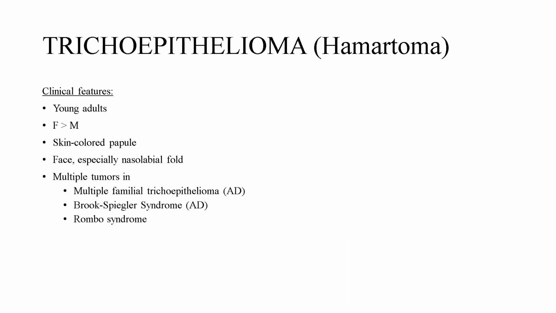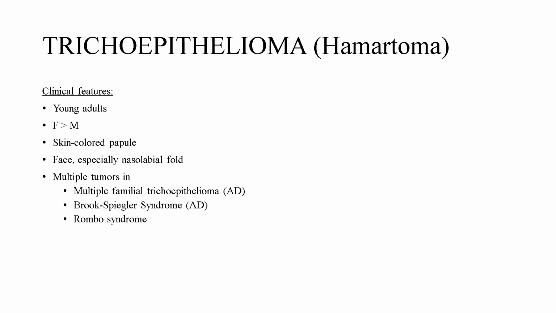It presents as a skin-colored papule, especially on the face, and especially along the nasolabial fold. Most of the time it is a solitary lesion, but if you find multiple lesions, then they are found in certain syndromes, like Brooke-Spiegler syndrome, Rombo syndrome, and multiple familial trichoepithelioma, all of which are autosomal dominant.